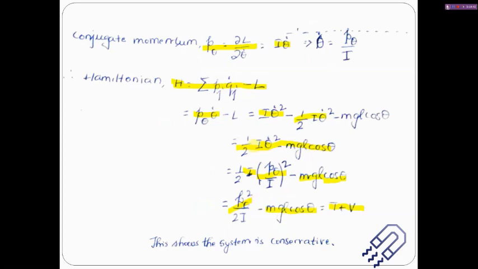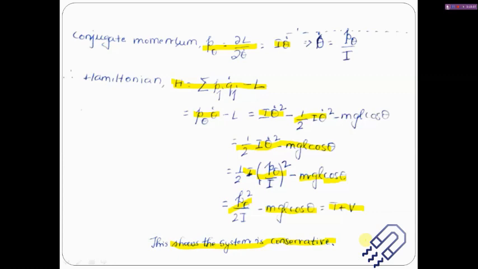So that means in case we have the Hamiltonian as the kinetic energy plus the potential energy, we can in one sentence say that the system is more or less conservative in nature. I hope you remember that conservative idea. The total energy of the system more or less will not change. This is something which we have seen also in generalized coordinates.